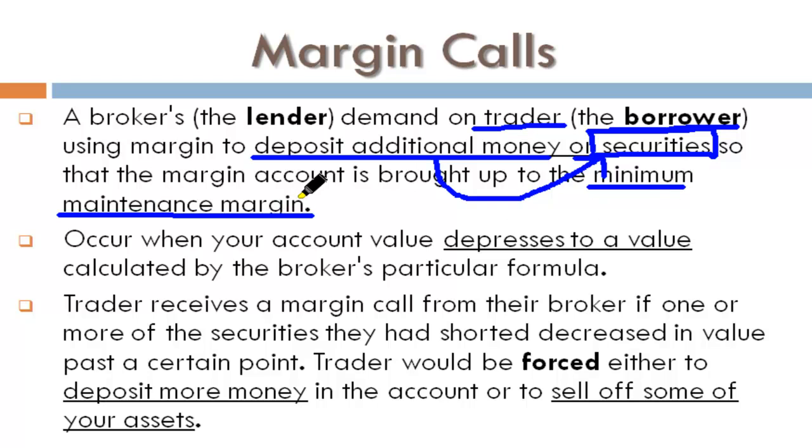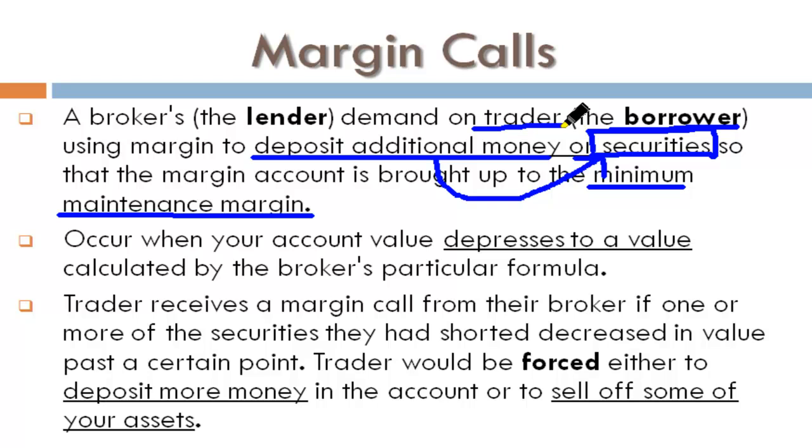So once the account value of the short trader, of the borrower, depresses to a value that is whatever is determined by the broker, then things are going to start to get nasty, because the trader is going to receive a margin call from their broker.